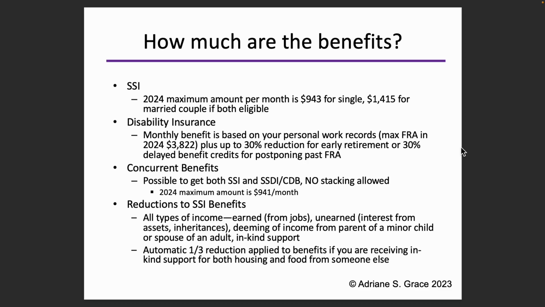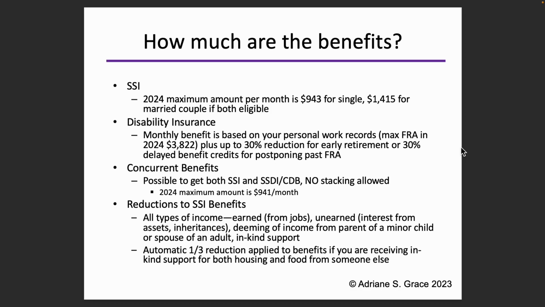Now there are reductions to SSI. If you recall from the prior chart, I said that you could work, and the amount you could earn from working while getting SSI appeared to be almost double the SSI benefit. There's a reason for that.